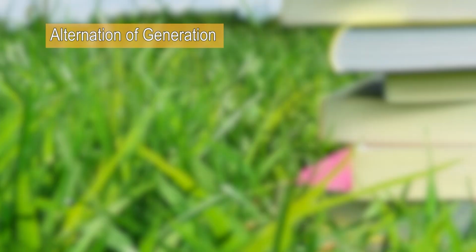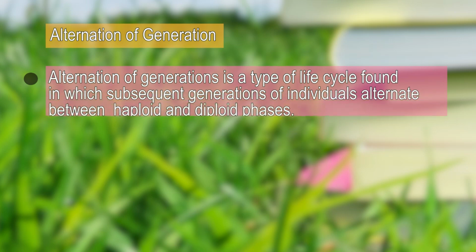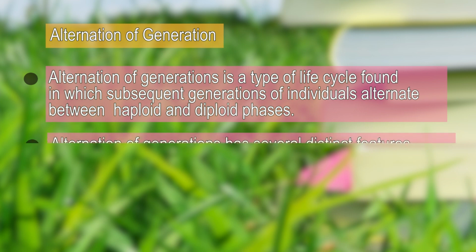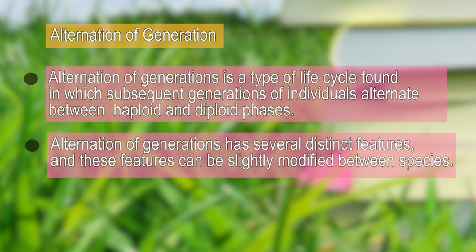When we talk of alternation of generation, we say it is a typical life cycle found in subsequent generations of individuals which alternate between the haploid and the diploid phases. The alternation of generation has several distinct features, and these distinct features are highly modified between species.